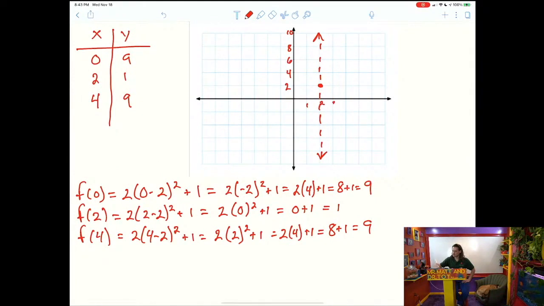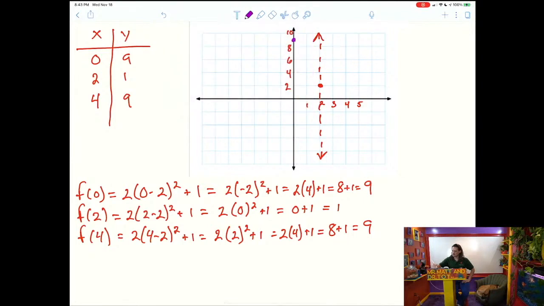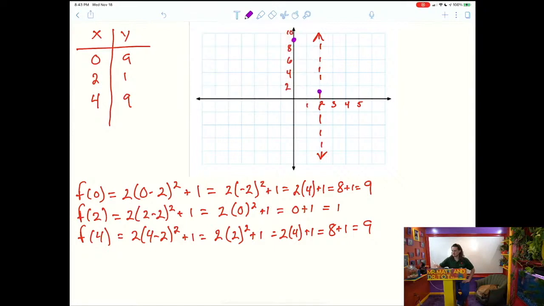So at 2, I'm at 1. It's about right here. And at 4, I'm at 9. So then I can connect my dots together and sketch an overall plot like this.